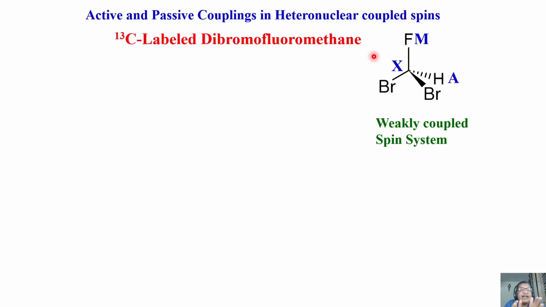In other words, the chemical shift separation is megahertz away. They are all resonating at different frequencies separated by megahertz. So it's a weakly coupled spin system. You understand? All heteronuclear spin systems are weakly coupled because of large chemical shift separation.